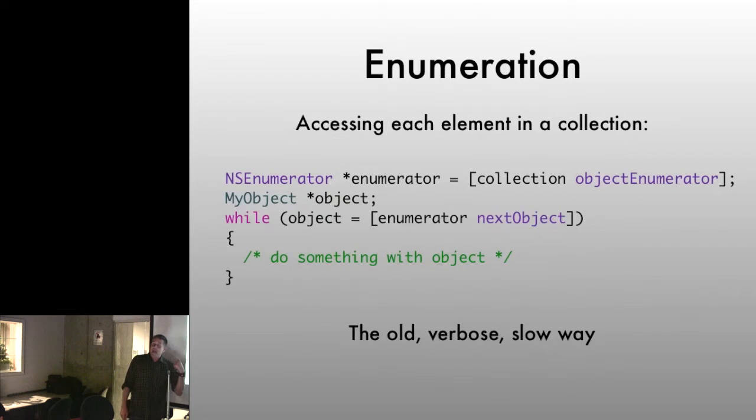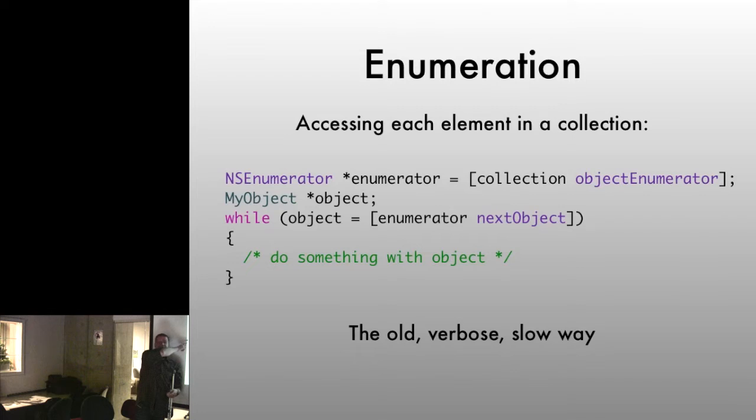So, accessing every element in a collection is a really common thing to do. In C++, in the STL libraries, you see that iterators are prolific. They were initially created this way in Objective-C as separate classes.